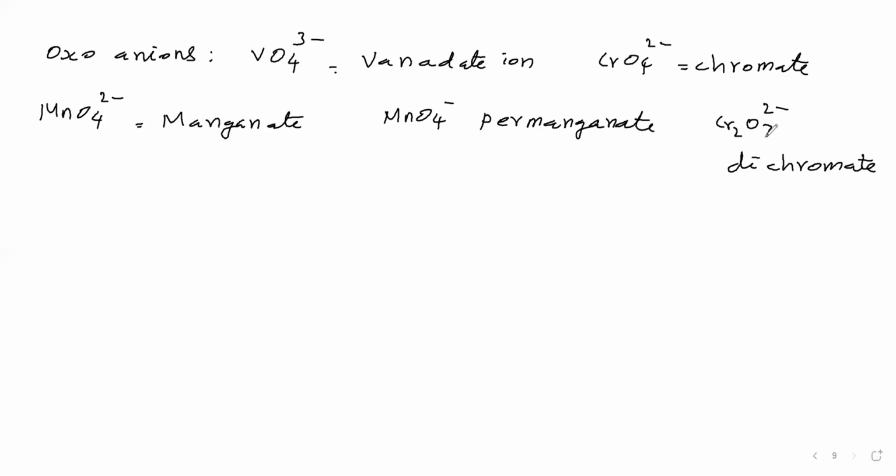Next we will see the oxidizing power of these oxocations and oxoanions. Now we will take VO2 plus. This VO2 plus is converting into vanadium 2 plus. For this the E0 value is 0.36 volt.